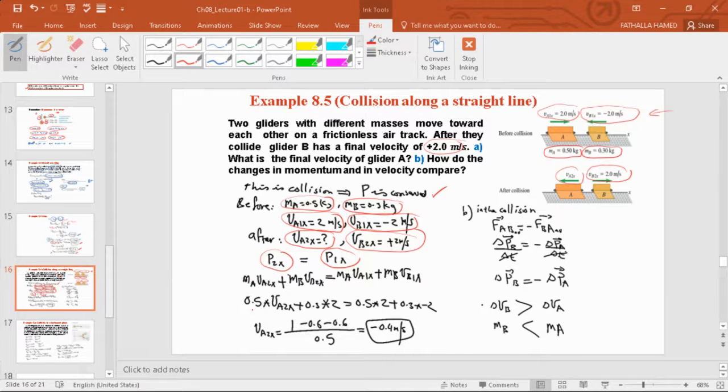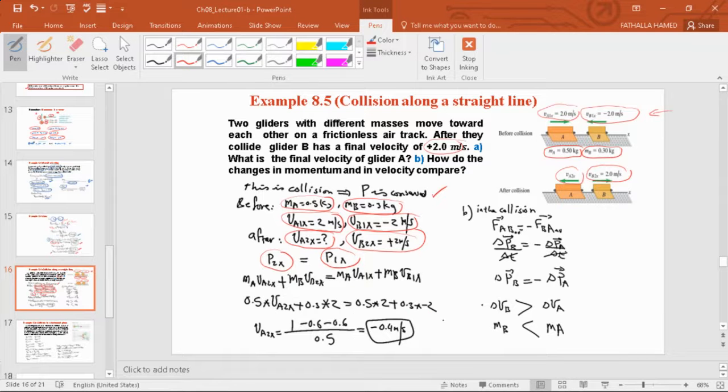The mass of MA is 0.5. VA2x is what you want to find out. The mass of MB is 0.3, and VB2x is going to the right with 2. Before: 0.5 times 2 plus 0.3 times minus 2.